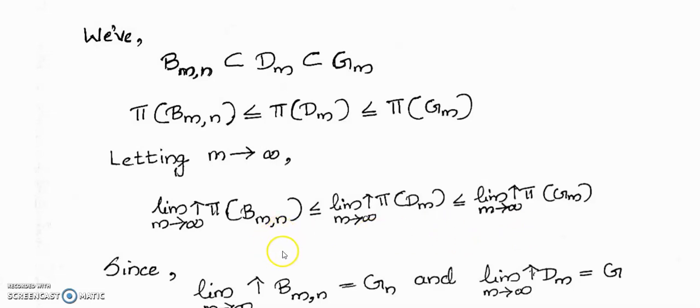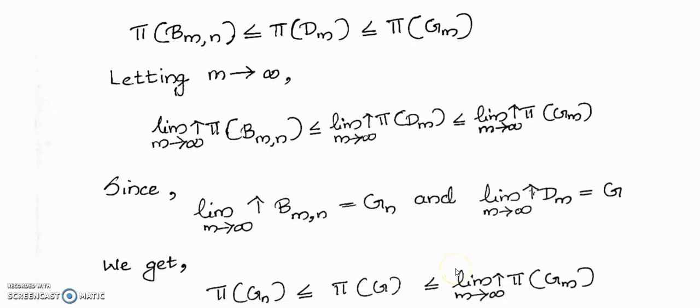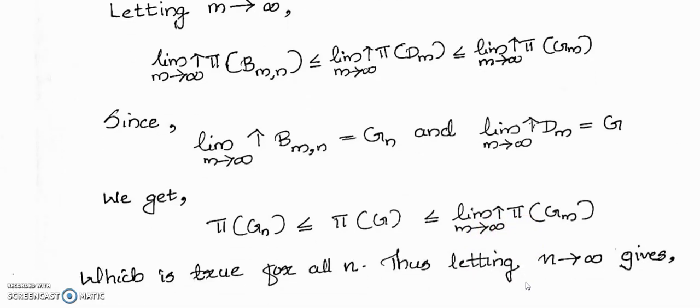Since limit Bmn is Gn and limit Dm is G, we have pi of Gn less than or equal to pi of G, which is less than or equal to limit m tends to infinity pi of Gm. And this is true for all n.